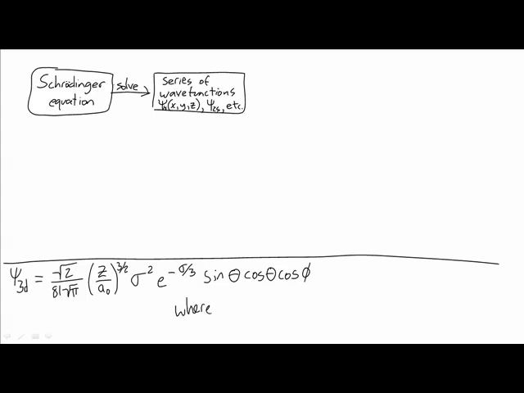Where rho equals zr over a naught, and a naught is a constant called the Bohr radius. All right.